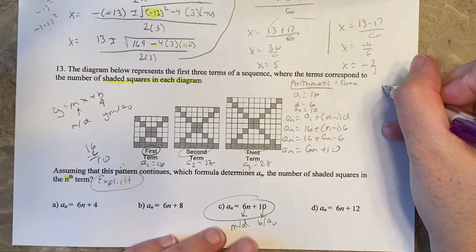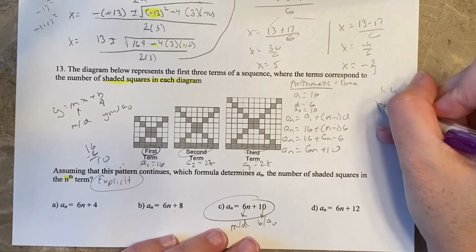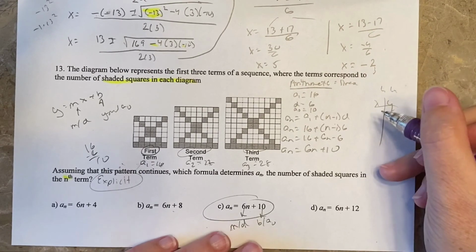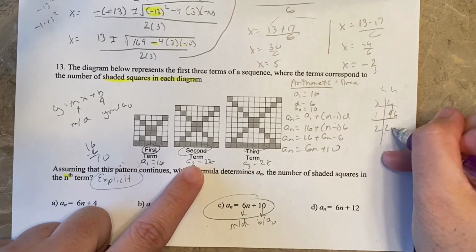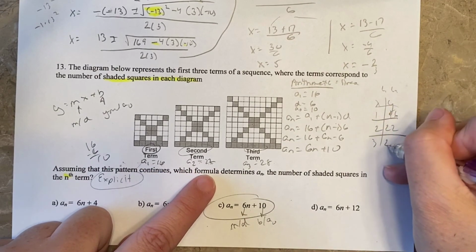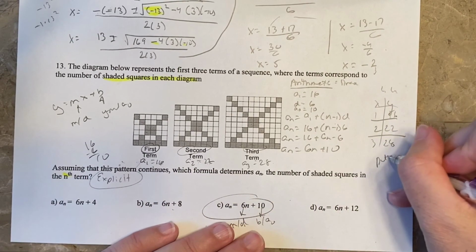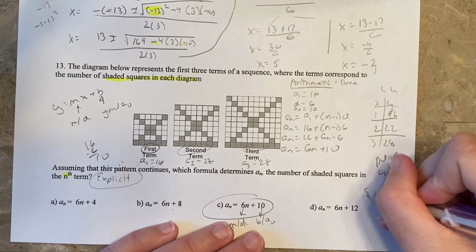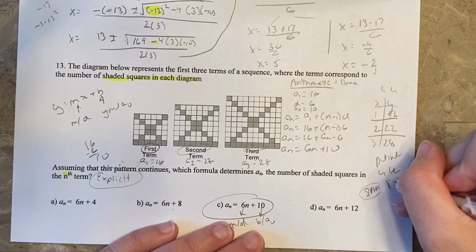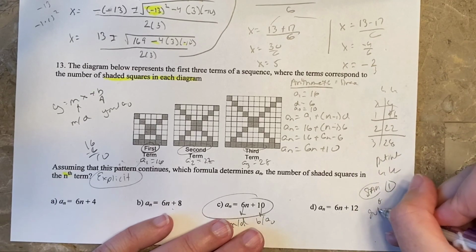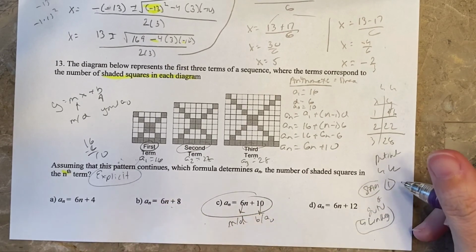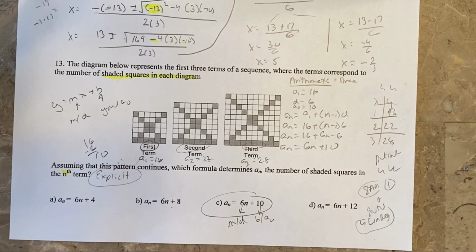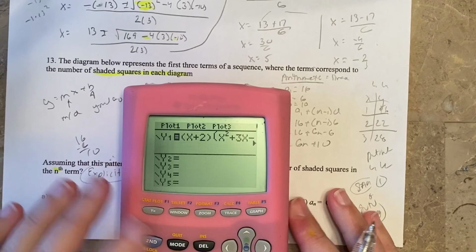So the only other way you could really do this is you could put these numbers in. So a sub 1 is 16, 2 is 22, and 3 is 28. You could put them into L1, L2, which is, don't forget, your stat 1, and go to linear regression number 4 to get the equation.